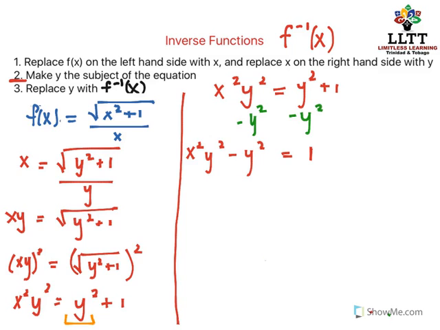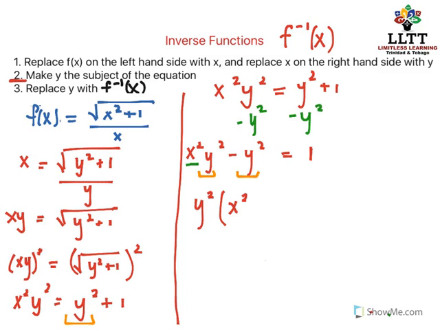So now I have two terms that involve y on my left-hand side. I'm going to pull out y squared because y squared is common in my first term. I have a y squared here, and y squared is also in my second term. So I'm going to pull out y squared. And if I take out y squared out of the first term, all I'm left with is x squared. So I put x squared in my parentheses.